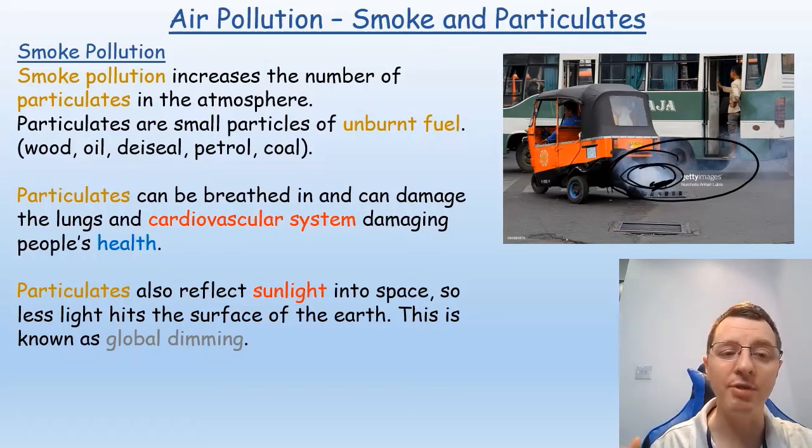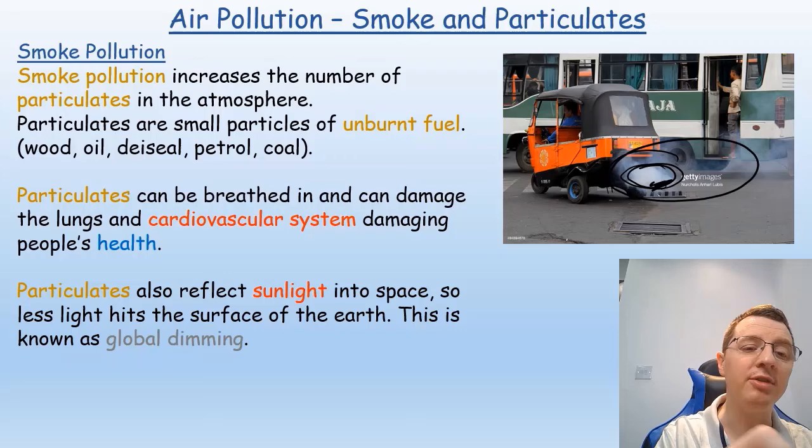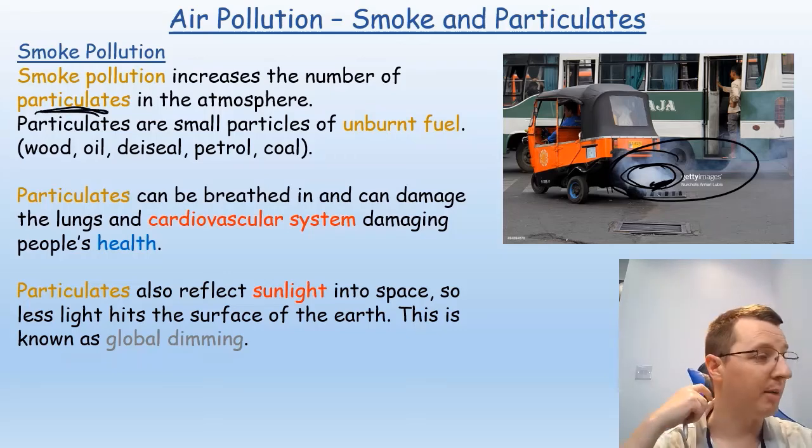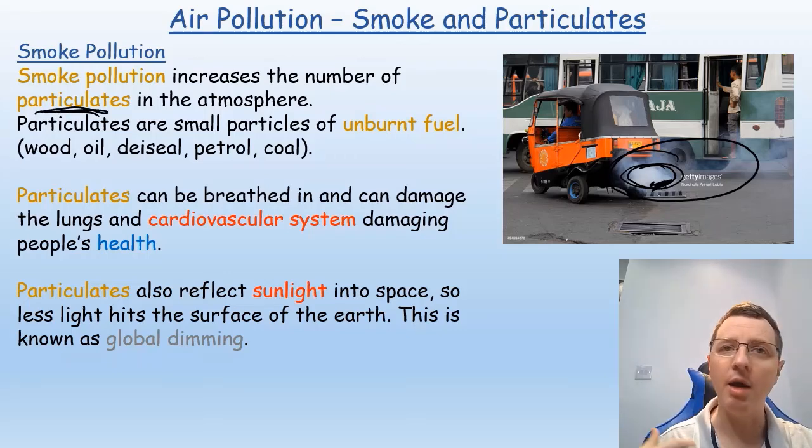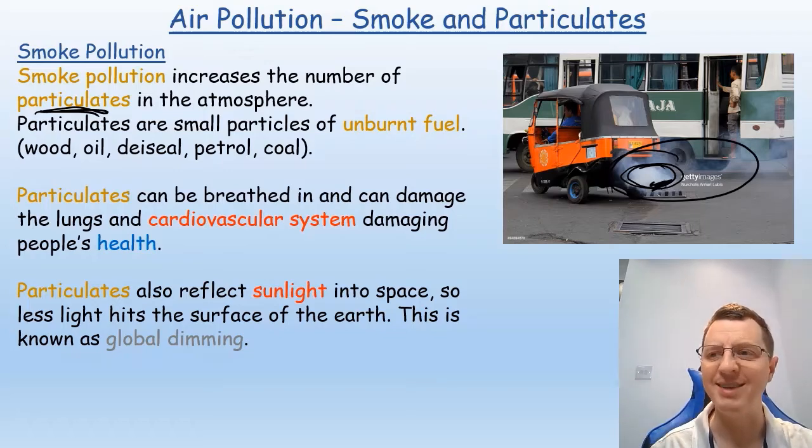In particular, this smoke pollution increases something called particulates in the atmosphere. Any vehicles that are burning diesel and whose engines are not particularly efficient don't have enough oxygen in there to burn the entire diesel molecule, so you will often get short hydrocarbon sections of the molecule coming out in the exhaust pipe.